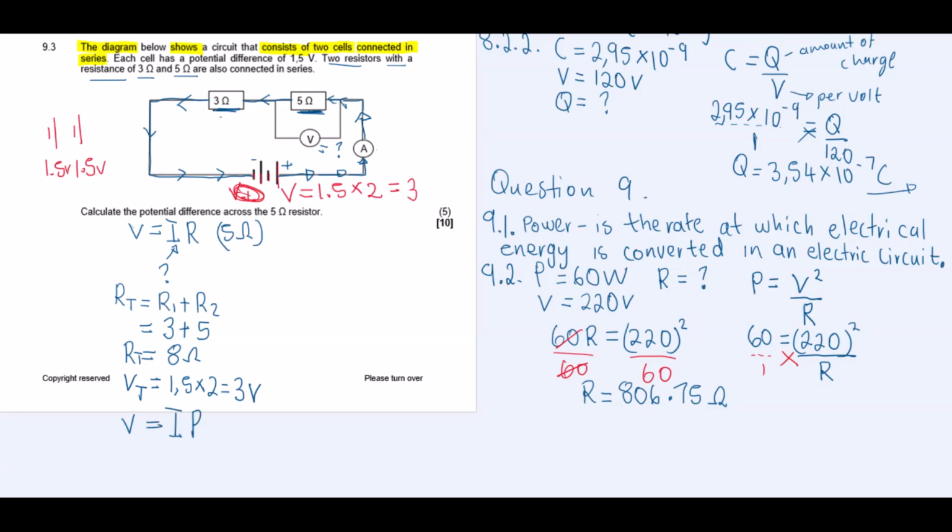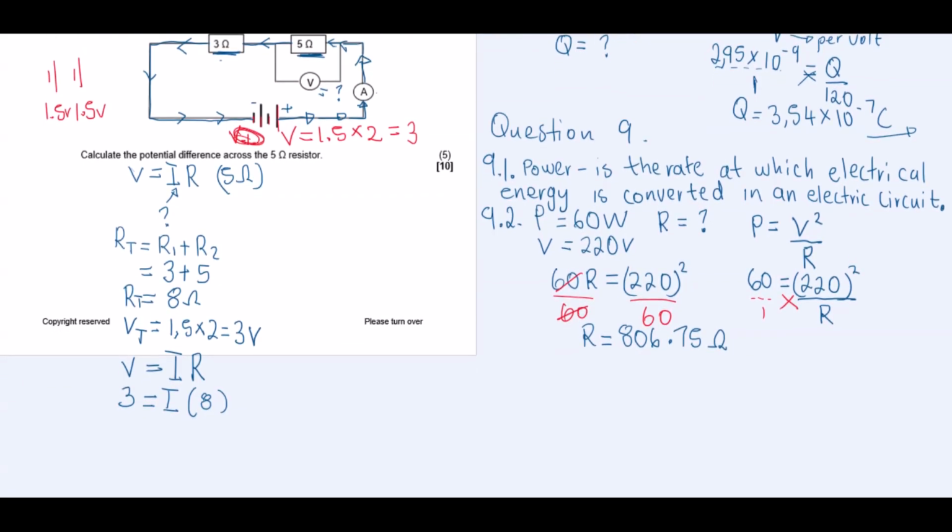I think this information can help us to calculate the current, because V is equal to IR here. What is the voltage? We have 3. What is the current? We have I, we don't know the current, and we multiply it with the resistance, which is 8 ohms, right? So we are going to divide both sides by 8. When we divide both sides by 8, the 8 cancels that 8, and we're left with I, which is the current.